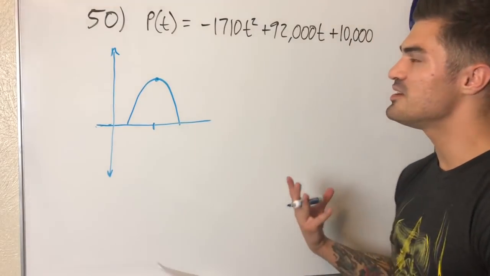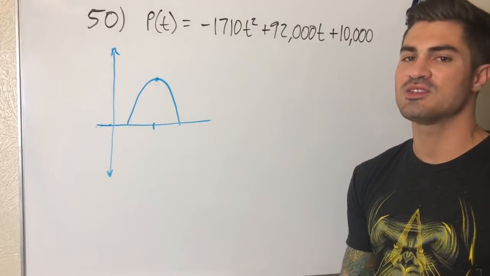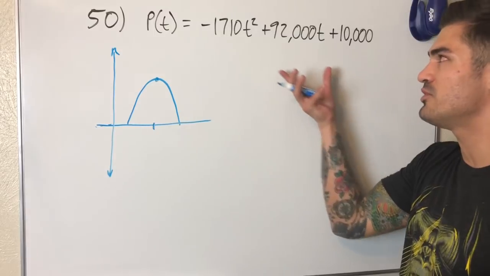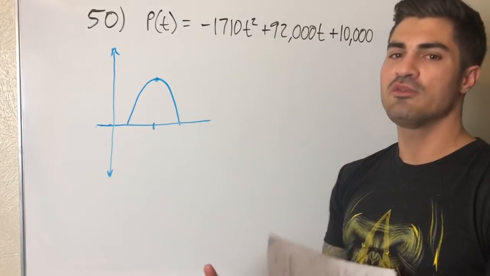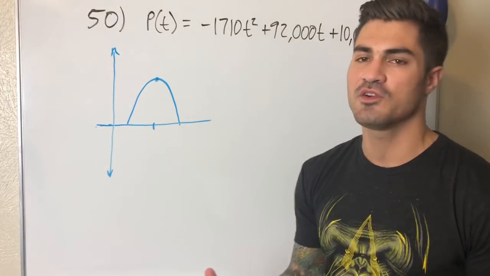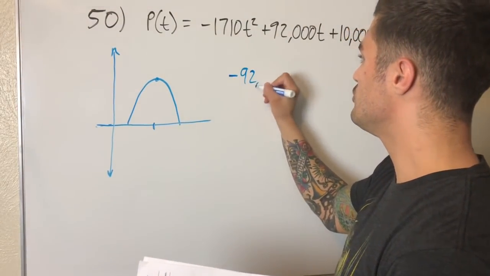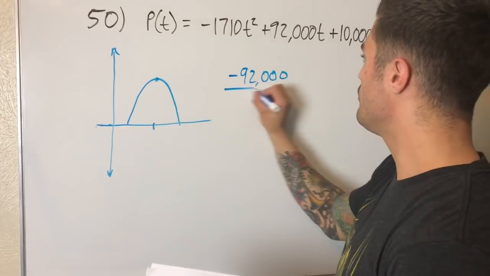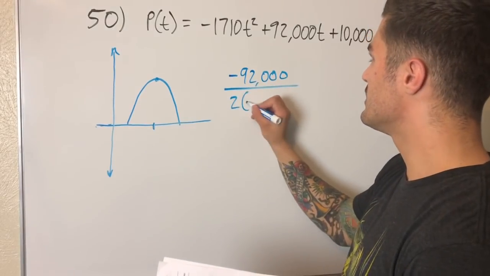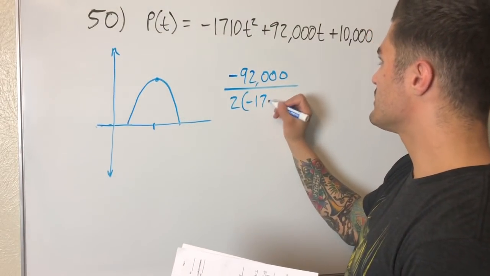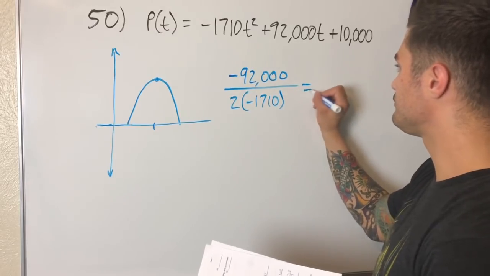So we use negative b over 2a, because negative b over 2a, if we have a parabola in this form, will give you the x value of the vertex. So that's really all we need to do for this question here: negative 92,000 over 2 times negative 1,710.